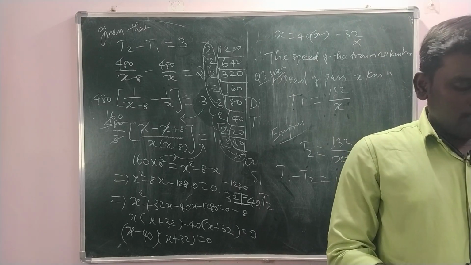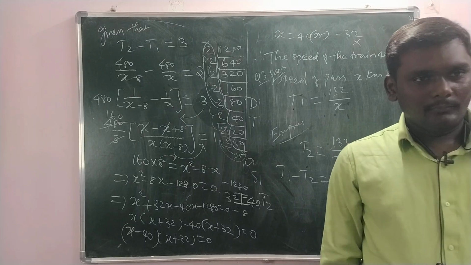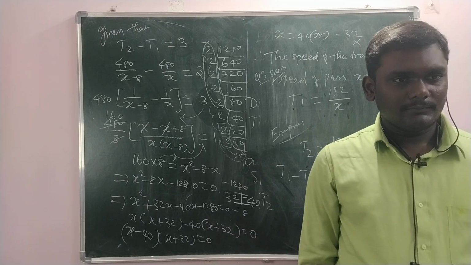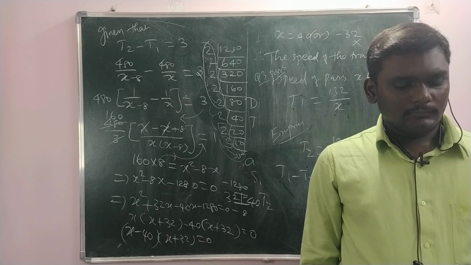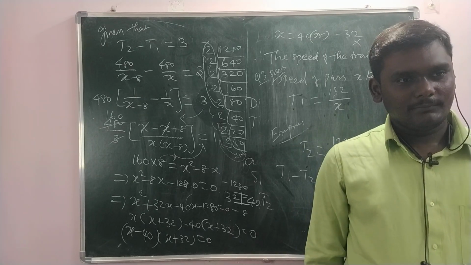And then time taken at increased speed. Good. Now the plane left 30 minutes later than its scheduled time. 30 minutes late. Yes. See, T2 is the smaller number.